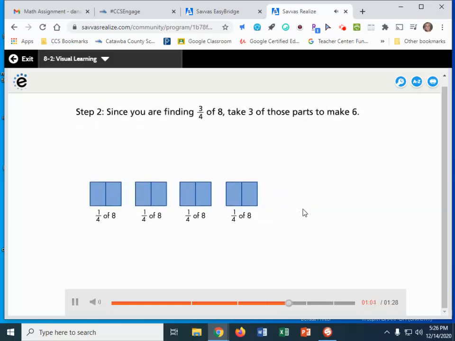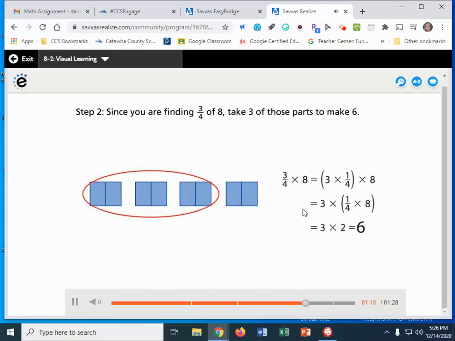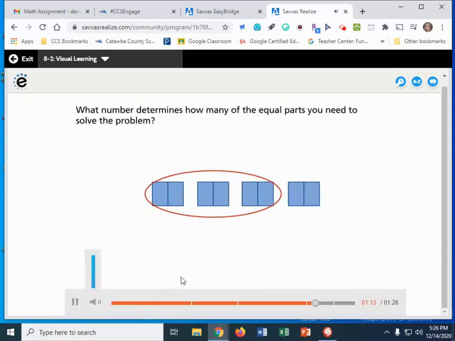Step 2. Since you are finding 3/4 of 8, take 3 of those parts to make 6. What number determines how many of the equal parts you need to solve the problem?